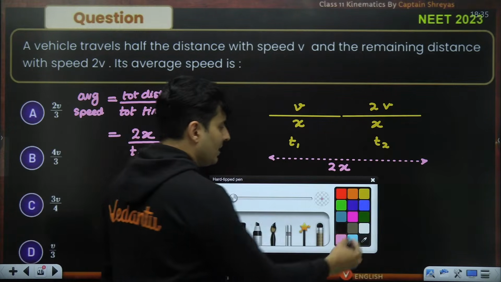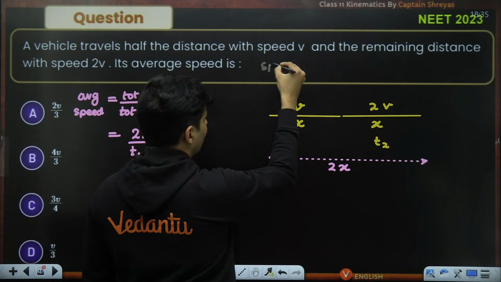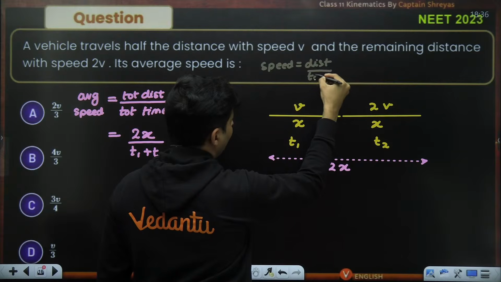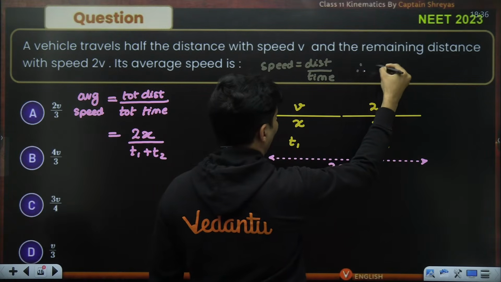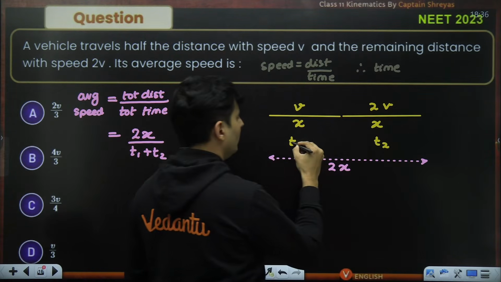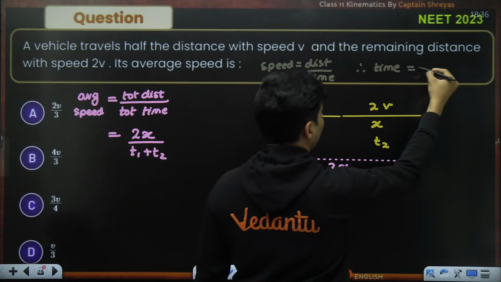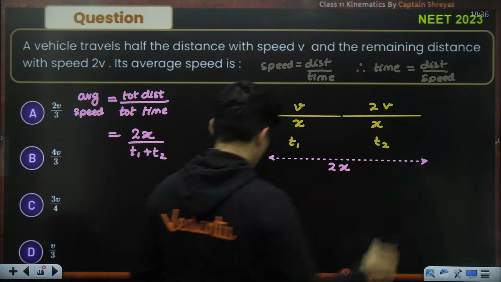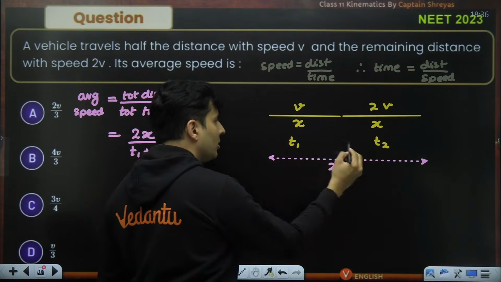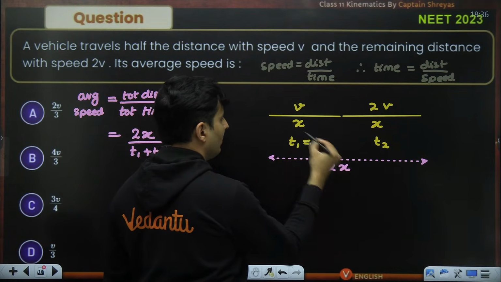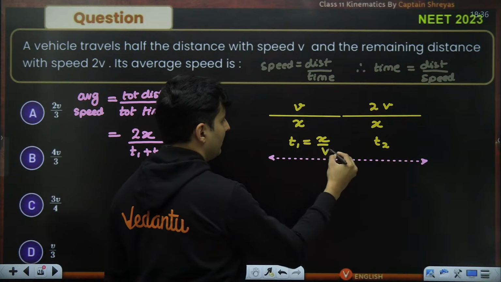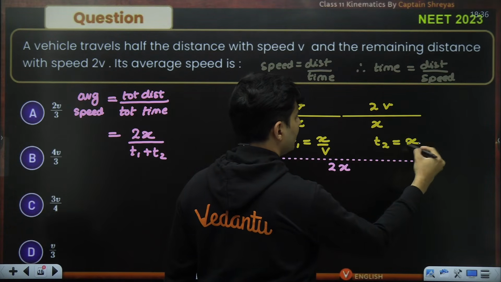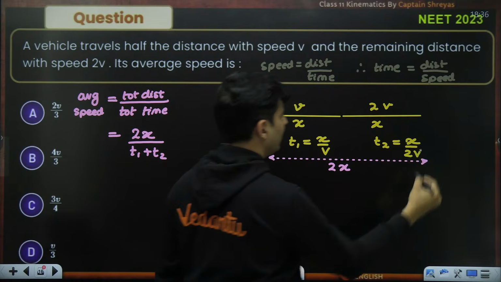Nothing. See, guys, we know that speed is distance divided by time. Therefore, what will time be equal to? It will be nothing but distance divided by speed. So this time will be this distance divided by this speed, and the other time will be this distance divided by that particular speed.